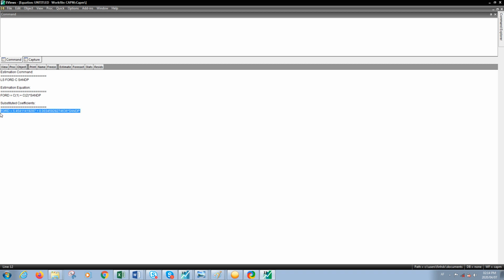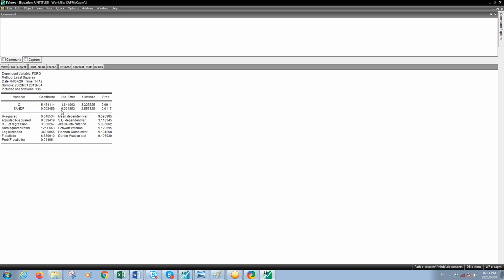What you need to add to this is the residual, and this is the residual, the standard error. It's positive, so to the line that I've just shown you, you're going to say plus 0.01353 as your residual.